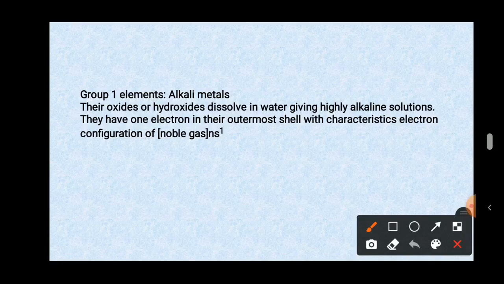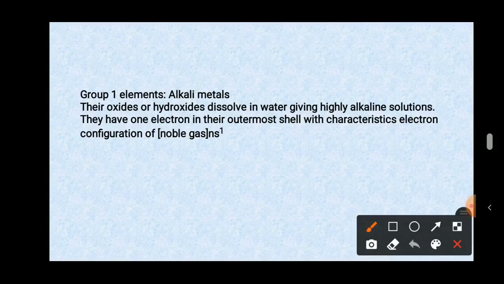That's why they are called alkali metals. Alkaline solution means when you touch it, you feel like soap, a soapy touch. So that's why group 1 elements are called alkali metals.